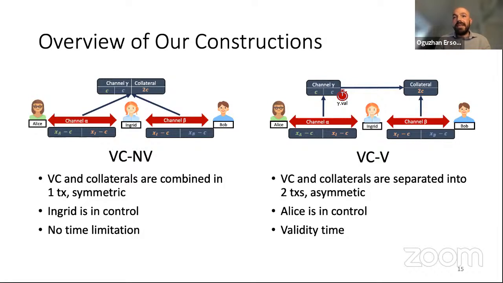In the validity case, the channel time is limited to the validity, but at the same time, it provides some advantages for the intermediary party, Ingrid, because in this scenario Ingrid doesn't need to go online until the validity time to check if anything malicious happened. So in the second scenario, Ingrid can just come online right before the validity time and check if there's something malicious or if they want to honestly close the channel. For the non-validity case, Ingrid is in control and this comes with responsibility. So Ingrid needs to check whether one of the parties is trying to close the channel.